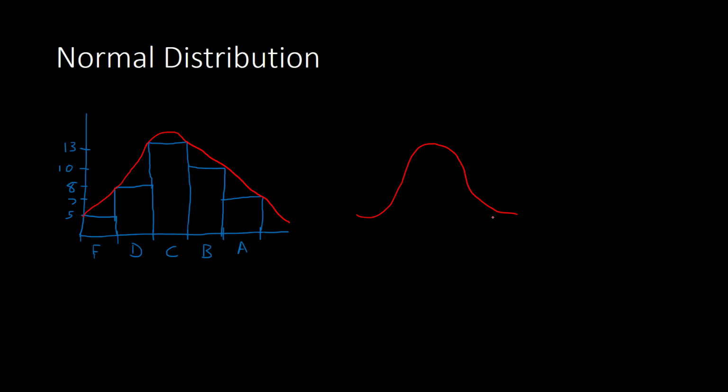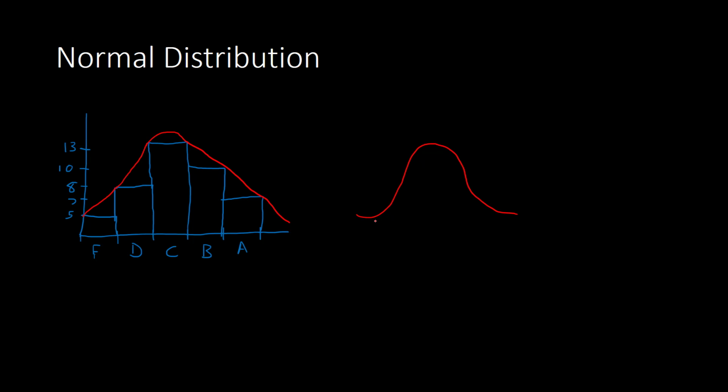And then you have a few people who are the outliers, as we call them, that are maybe more wealthy or get better grades than other people. Then you have a few people on the other end that receive worse grades or have lower pay than everyone else. So this would be considered a normal distribution.